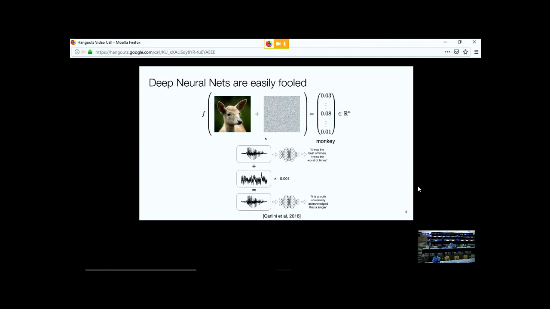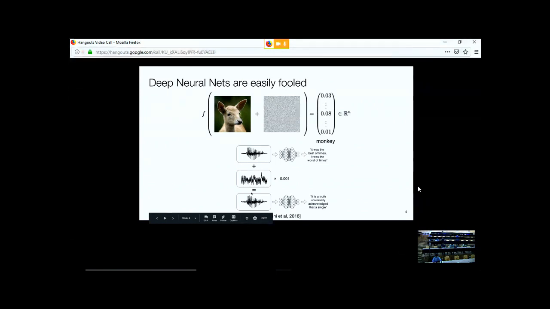And this is actually not just restricted to images. For instance, for audio, this year there was a paper by Nicholas Carlini, and he basically showed that if you take an audio waveform and apply this neural network to it, it can learn to transcribe this audio waveform. So it says, this was the best of times, it was the worst of times, but then we can find this very peculiar noise pattern overlaid on top of our original waveform.